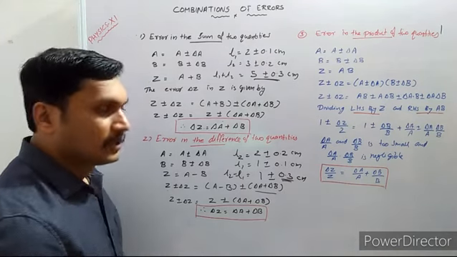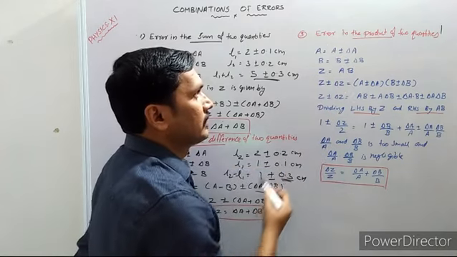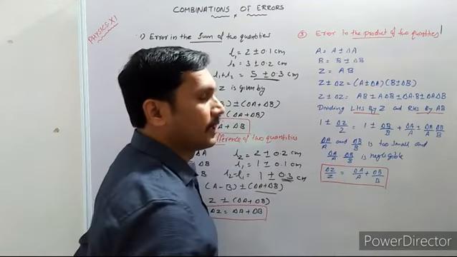That's the rule. Now, the third rule is multiplication, the error in the product of two quantities.